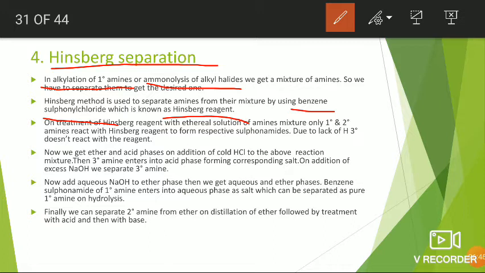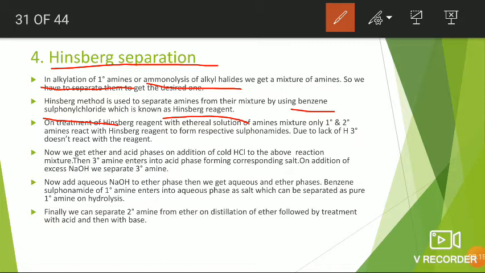In the first step, we have to add some cold HCl solution to the mixture of amines. Then the quaternary ammonium salt enters into the HCl, that is the acid medium.